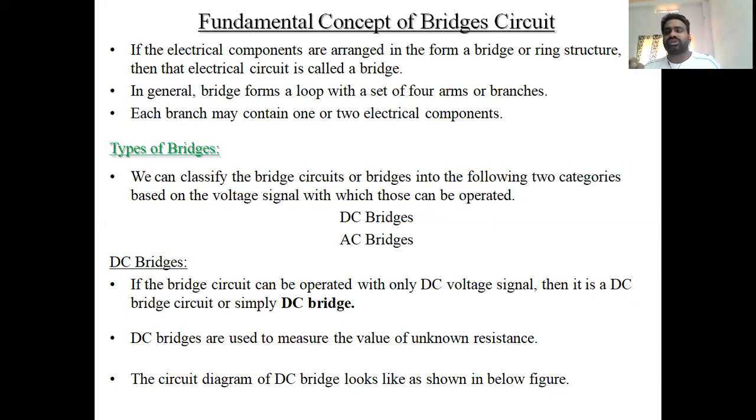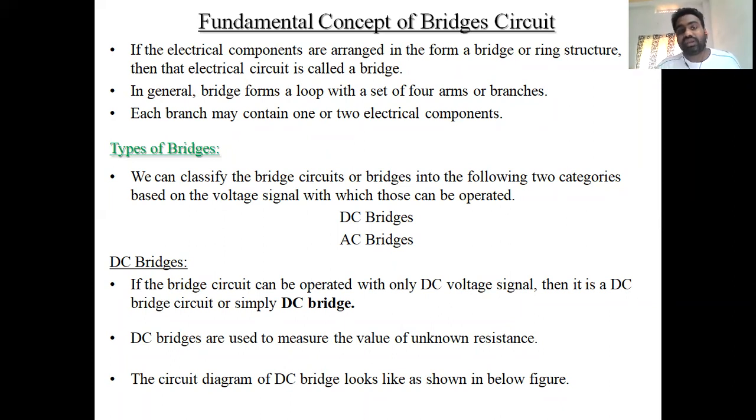So generally, this type of bridge is constructed in the form of a loop which has four arms or branches. We will see in the further slides how a bridge looks.